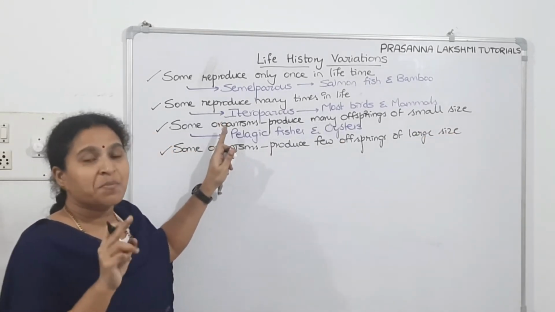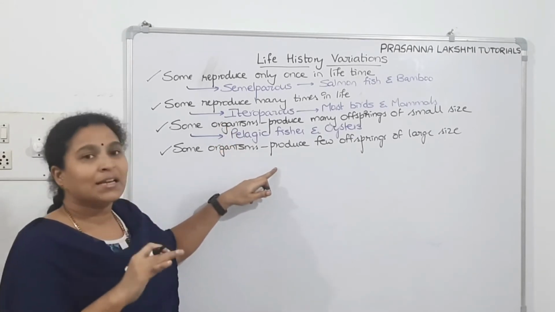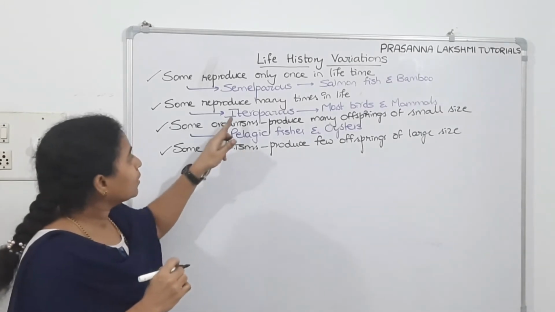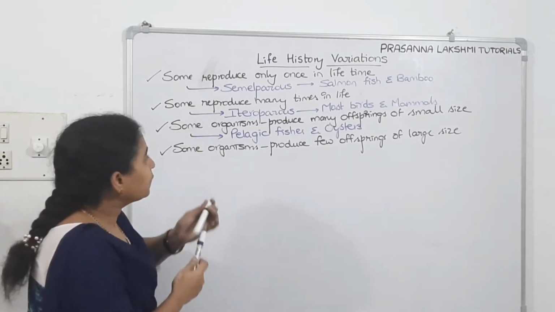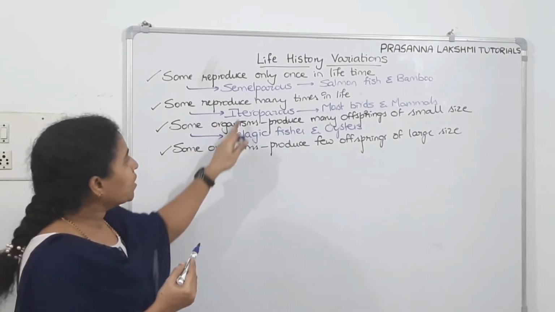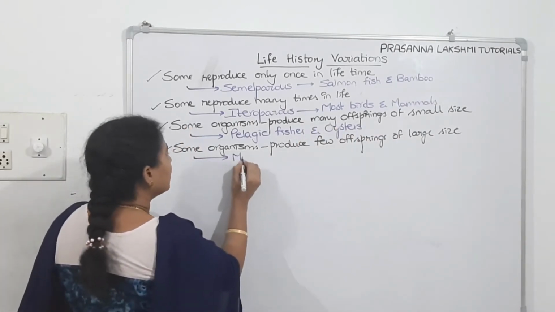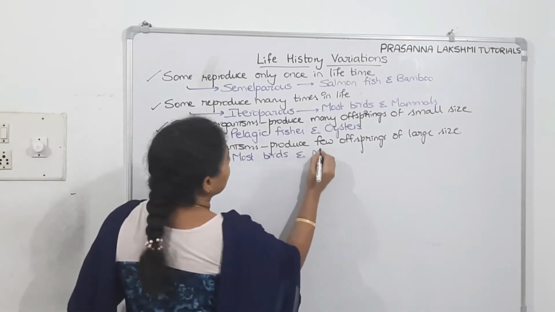They know that they can reproduce many times in life, so when giving birth to young ones, they give fewer births, but of big size. So this point is related to heteroparous and the earlier point is related to semiparous. Most birds and mammals are the examples here.